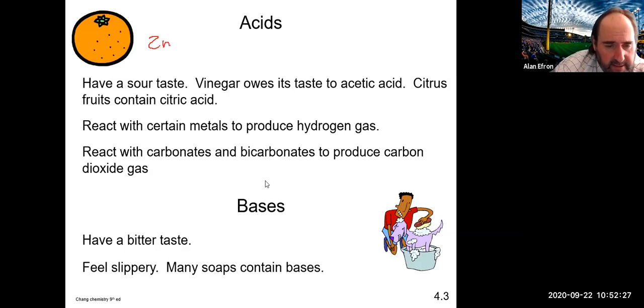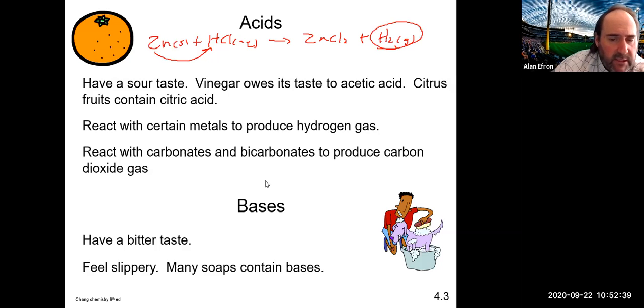If you take zinc metal and some hydrochloric acid, the zinc metal will come in and kick out the hydrogen, giving you zinc chloride plus hydrogen gas. Again, that is a single replacement reaction where whatever is coming in is more reactive than what it's replacing.